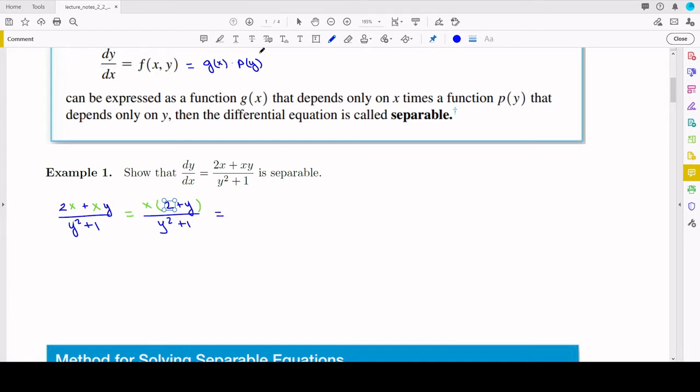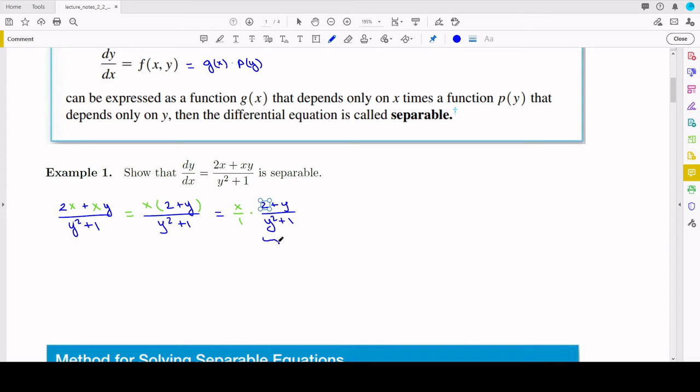And I can then write that as a product as follows. So this is x over 1, or simply x, times (2 + y)/(y² + 1).